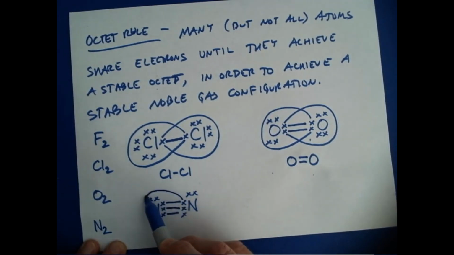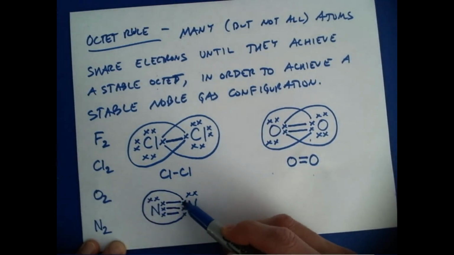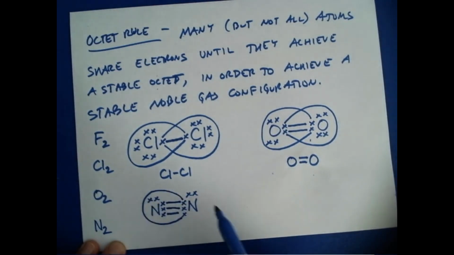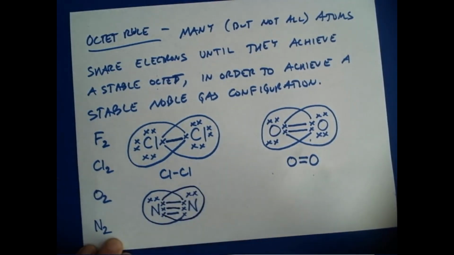So all of these electrons, the ones the atom brings to the table, so to speak, and the ones that it gains through sharing, it gets to feel like that's in its valence shell. So this nitrogen feels like it has 1, 2, 3, 4, 5, 6, 7, 8 valence electrons, whereas this nitrogen atom gets to feel like it has 8 as well.